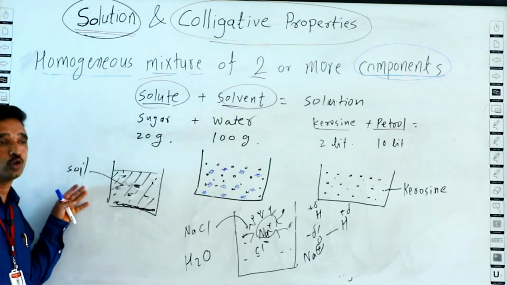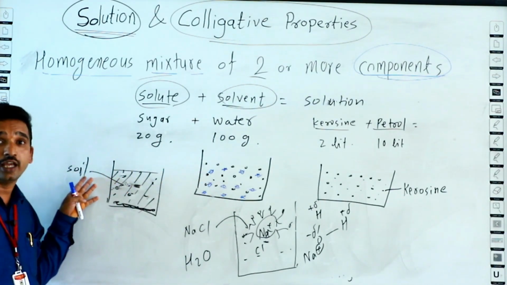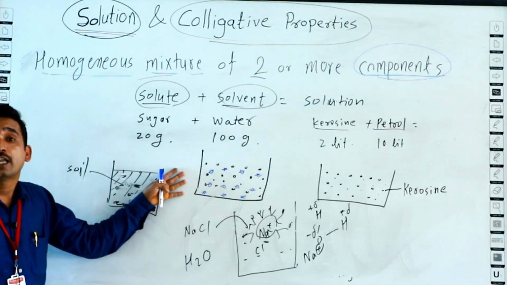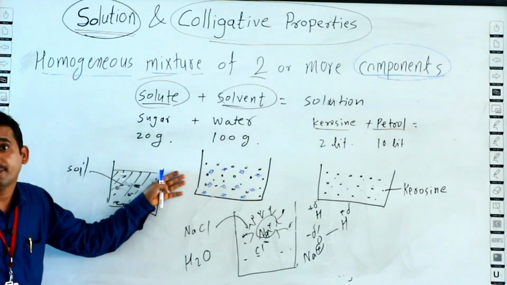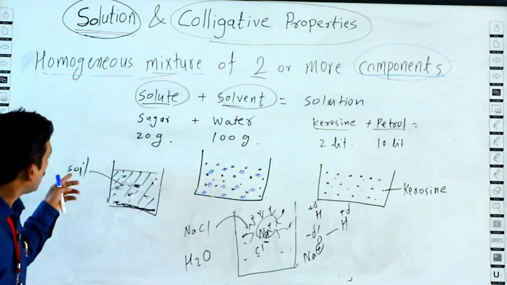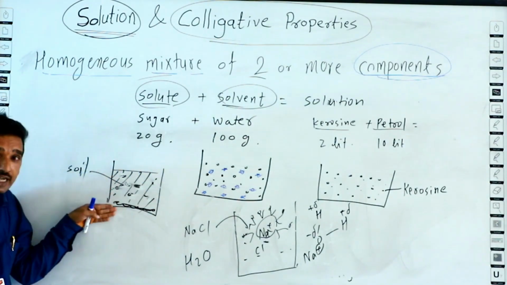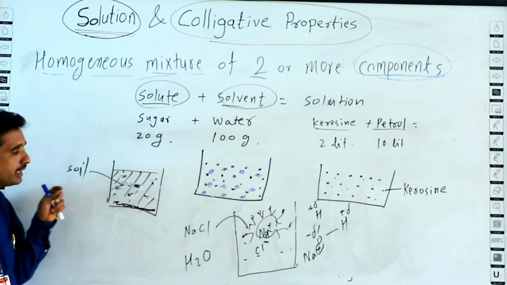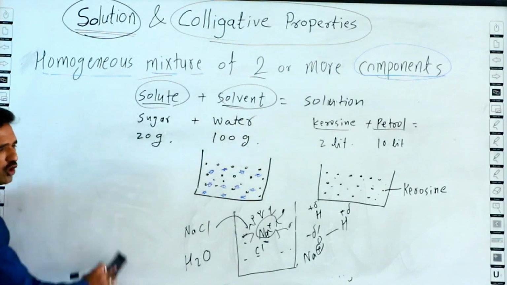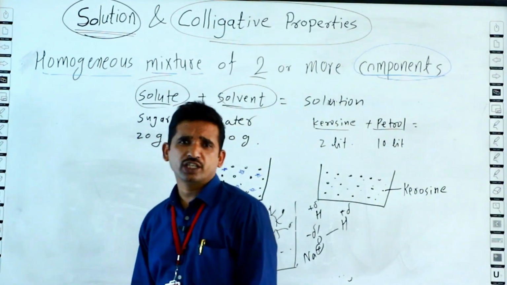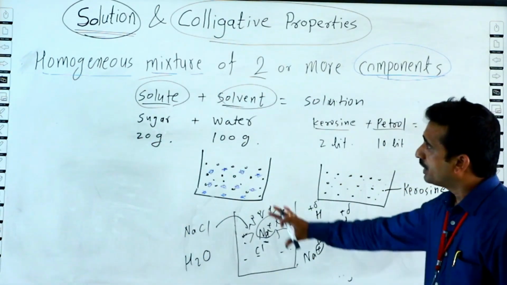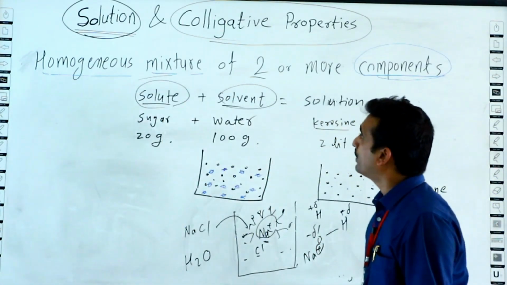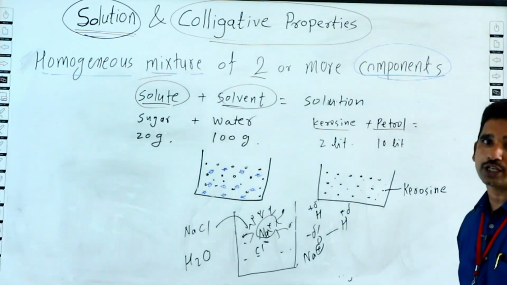We also have to see which one is a solution and which one is not a solution, and if it is a solution then what are the conditions. The temperature factor will affect it, we will see that. Yes, the soil settled down at the bottom, so there is a formation of a heterogeneous system. Here we are discussing solute plus solvent, formation of solution.